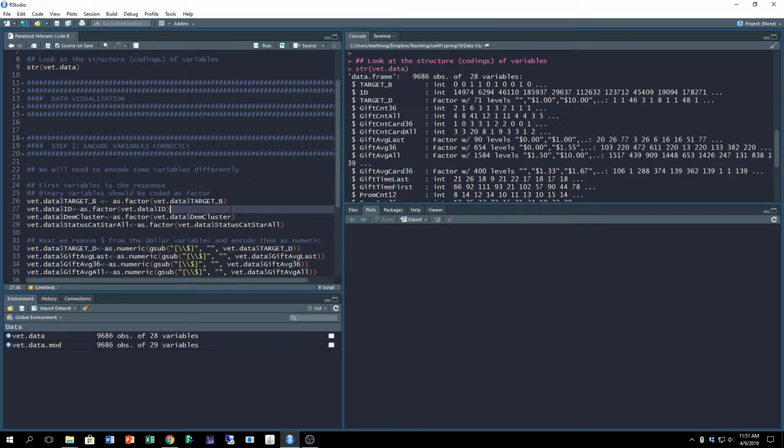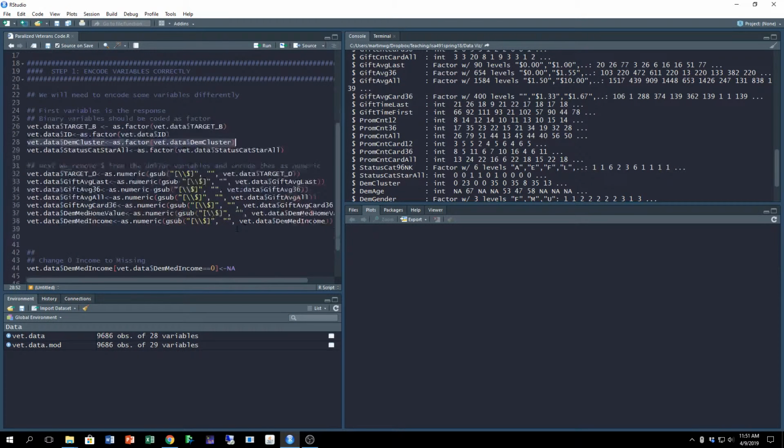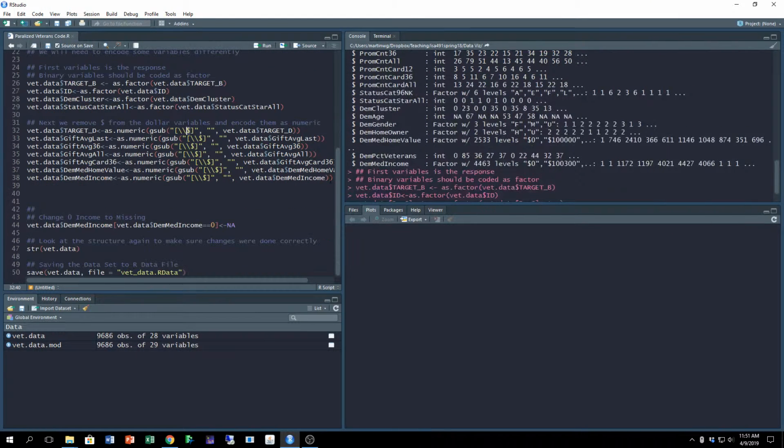The demographic cluster variable, we changed it as well to be a factor, as well as the status category. The next thing we did was get rid of some dollar signs that some of the variables had.